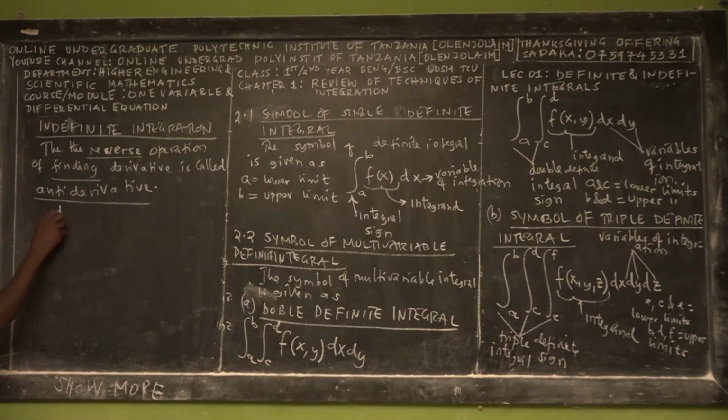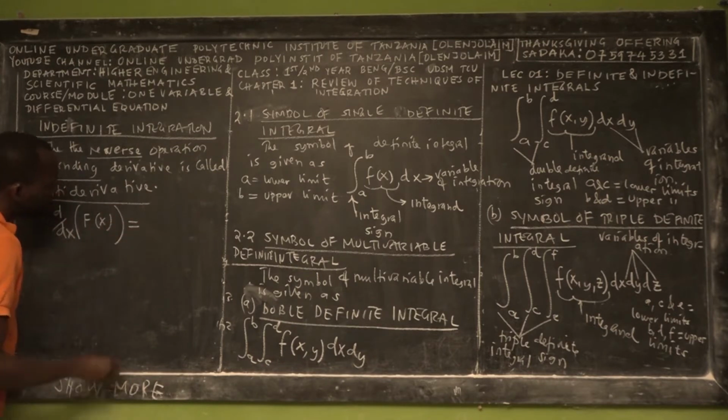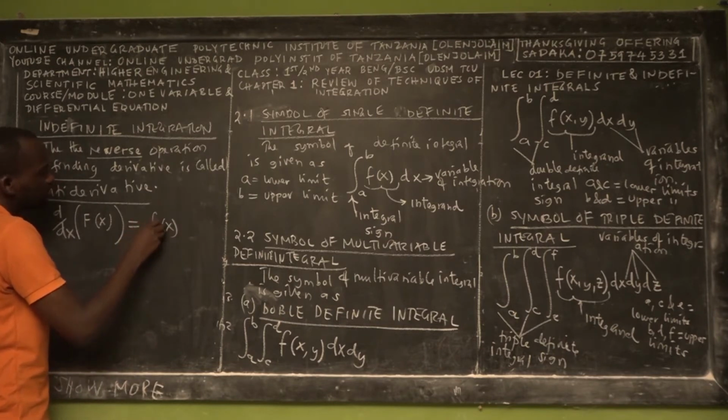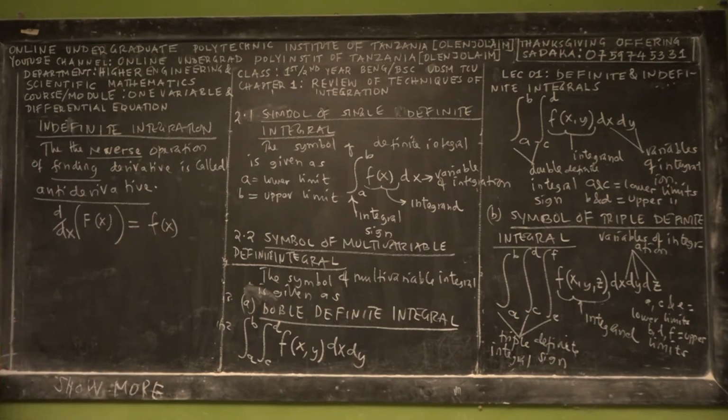So for example, if we are asked to differentiate a function F of x in capital letter of a single variable, then we may get a new function that we call f of x. But remember, if you take the same equation, dF over dx is equal to f of x.